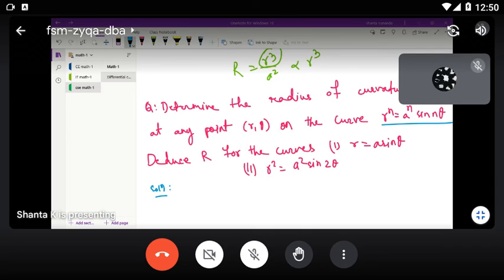Ma'am, it came as a to the power n by n plus 1, r to the power n minus 1.